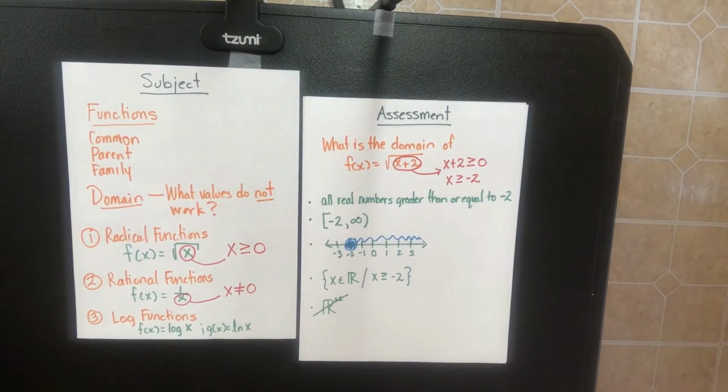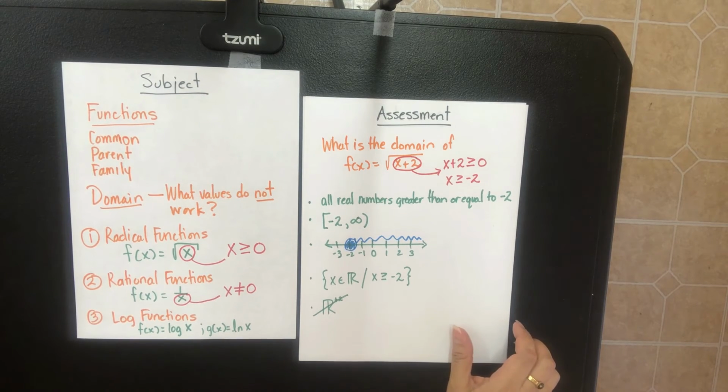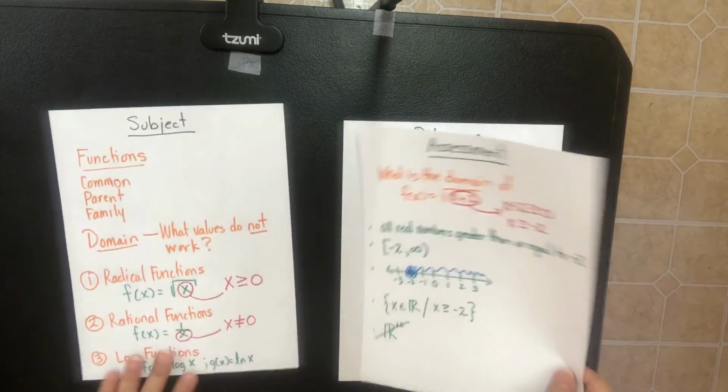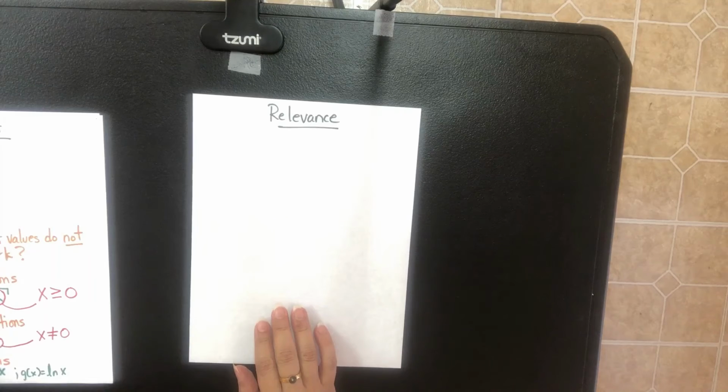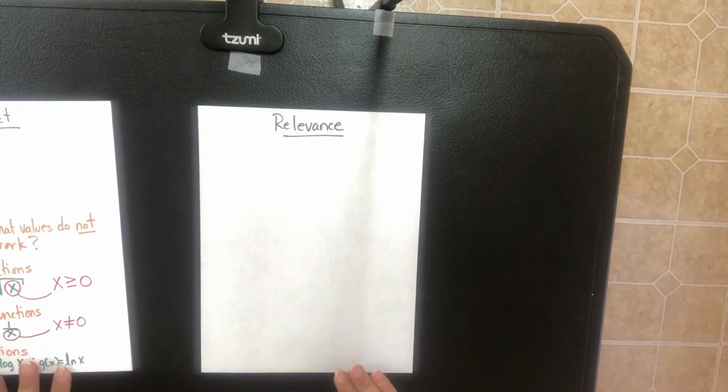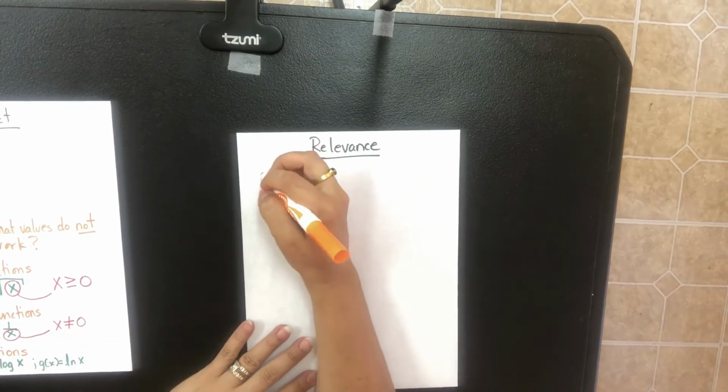All right, so I also promised you that I would do something related to relevance, which is extremely important. So that's my next idea here. When it comes to relevance, I think it's really important because we actually use the concept of domain in a lot of places in our real world. But one that I think you can relate to is the idea of a movie theater.